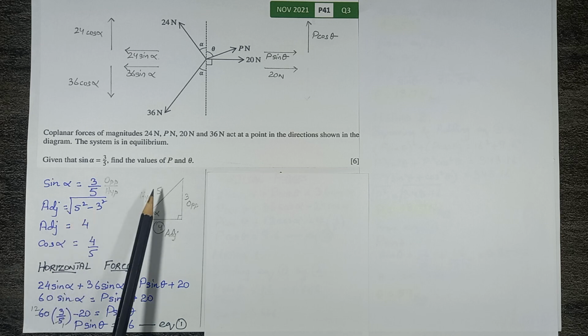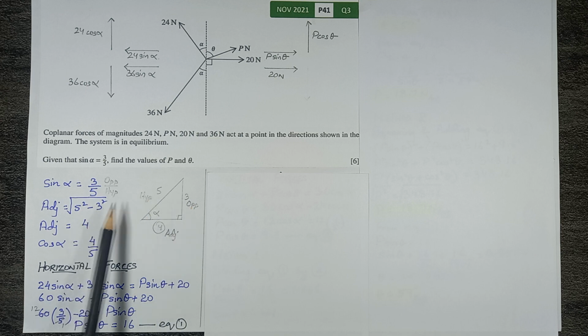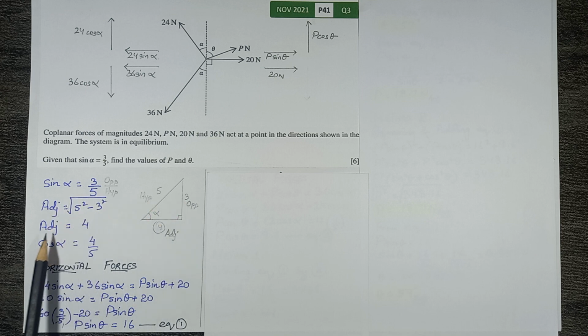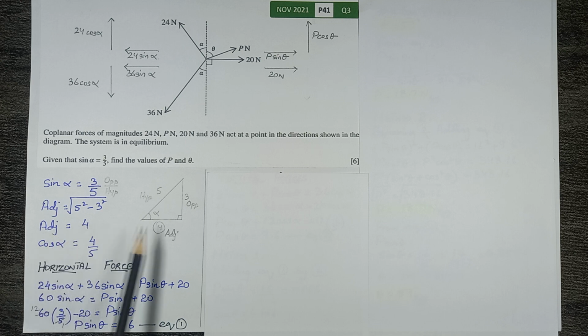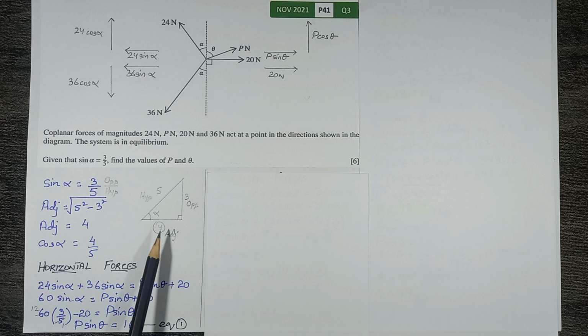That means by squaring the hypotenuse, subtracting the square of the opposite side and then taking the square root, finally we can see that the adjacent is 4. With the help of that we can easily write that cos alpha would be 4 upon 5, because cos alpha is adjacent upon hypotenuse, 4 upon 5.